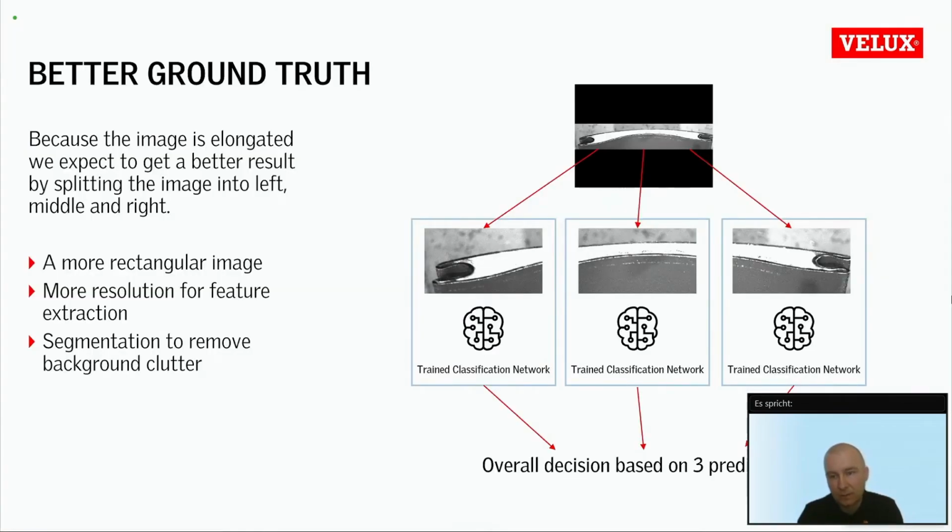So we had 3 different networks that we tried to predict on, and then we make an overall decision based on these 3 predictions. Also, we did some segmentation inside the image where we used AppSpace and the tools within the AppSpace framework to crop out the background clutter. And then we also collected more images to train on.